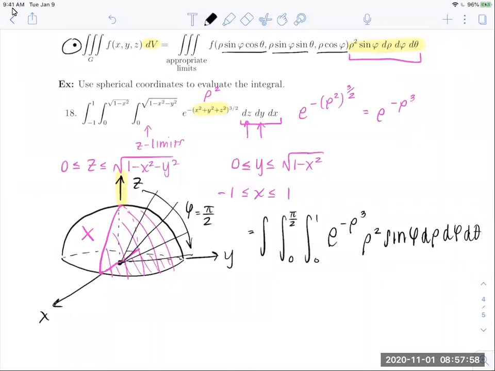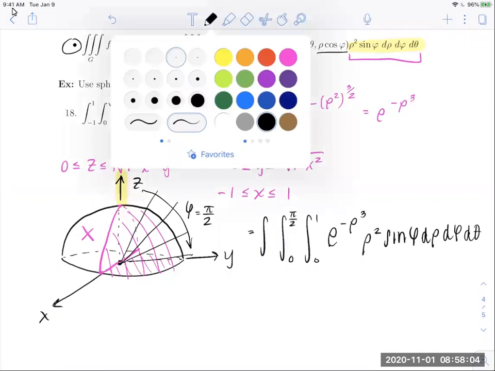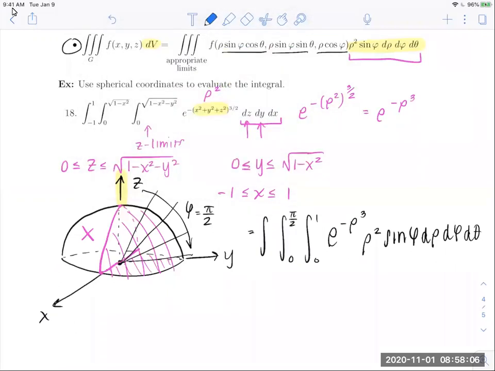All right, and then how about theta? Theta is in the xy plane. So let me pick maybe a different color here. So here's theta equals 0. We want to keep coming around.